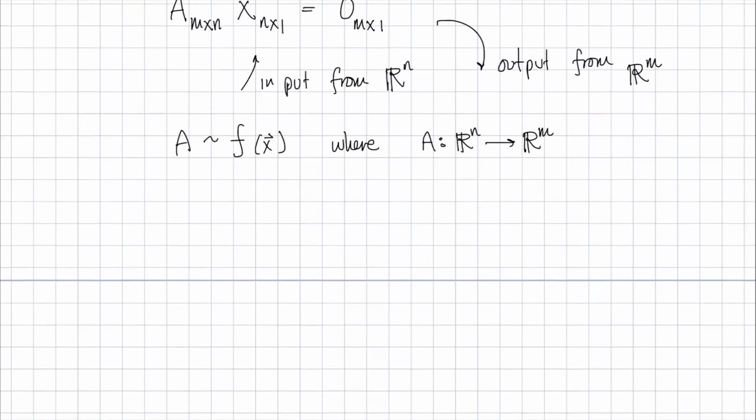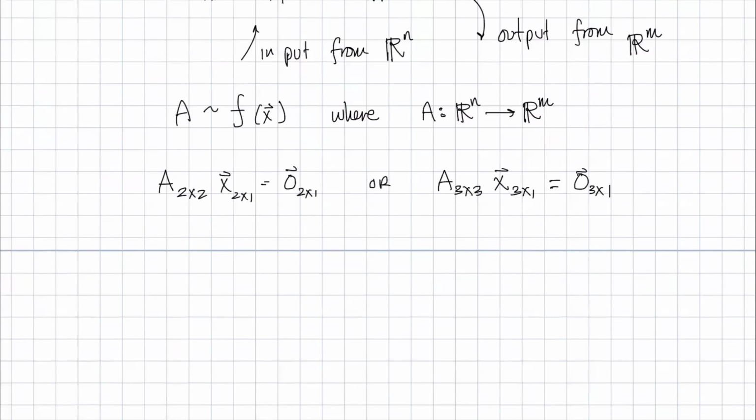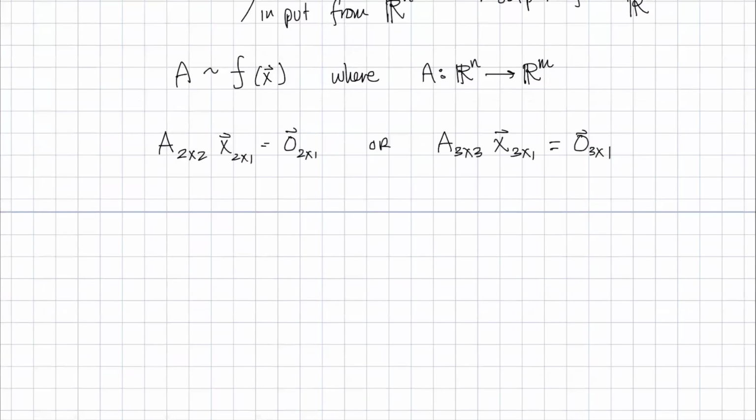And while that's very abstract, you as the engineer are typically going to work with a 2 by 2, in which case x is 2 by 1, and then the 0 vector is also 2 by 1. Or typically a 3 by 3, which is times a 3 by 1 vector, turning it into a 3 by 1 0 vector. And so for 2 by 2 matrices, we're working in 2 dimensions. And for 3 by 3 matrices, we're working in 3 dimensions.